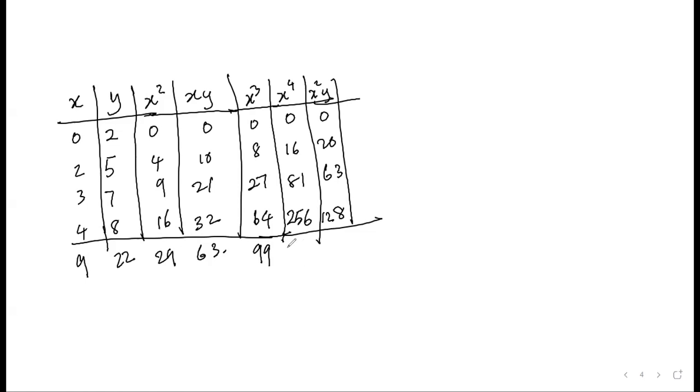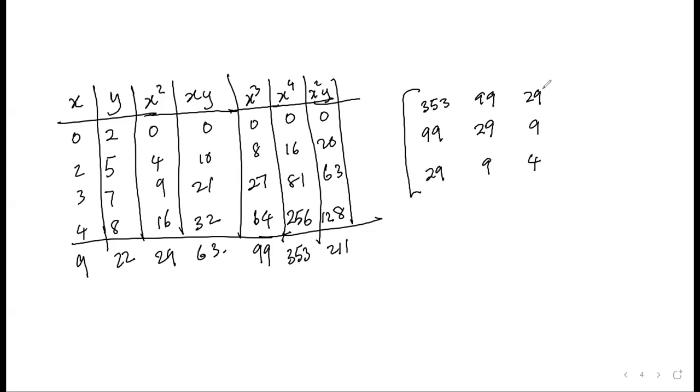Then just click on the add-in. 211 is the last one. So the matrix is: x to the 4th, which is 353, x cubed, 99, x squared, 29; then 99, 29, 9; then 29, 9, 4.